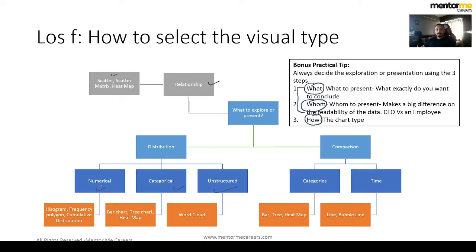If it is numerical, then you know that you can calculate frequency, so you can use histograms and frequency polygons, right? If you have categorical data, like the sectors in which the company operates, then we saw that a bar chart, a stacked or clustered bar can be useful, a tree map can be useful, a heat map can be useful. If you have Elon Musk's comments, then a word cloud can be used.